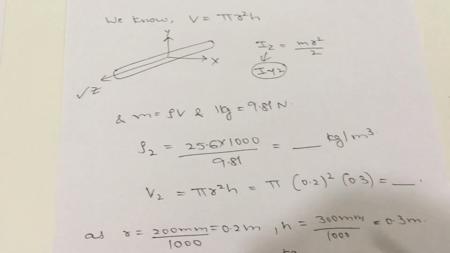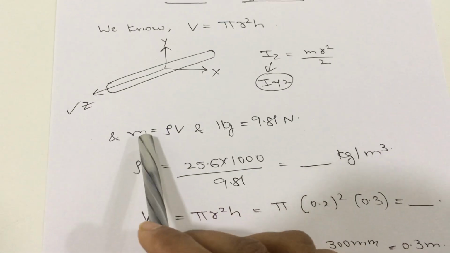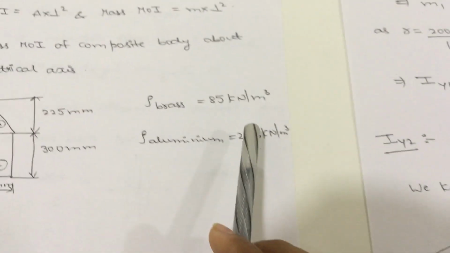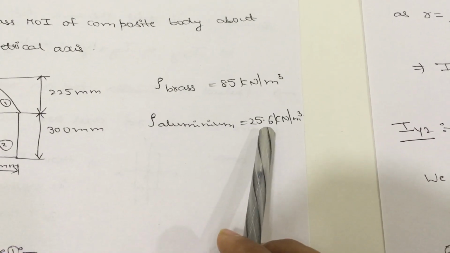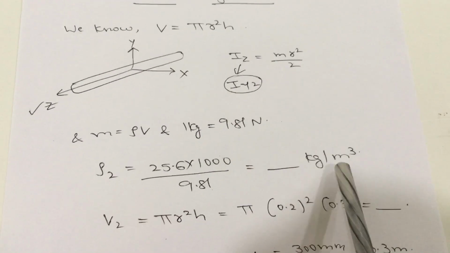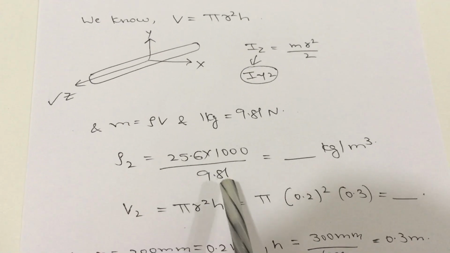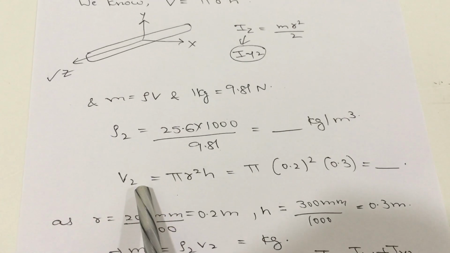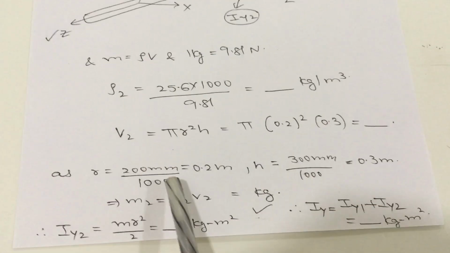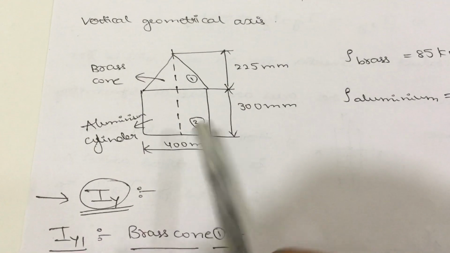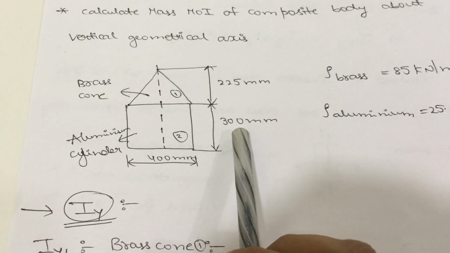Next, we do the same procedure for the second section also. We know that mass is equal to density into volume, and density is given in terms of kilonewton per meter cube, that is 25.6 which is given in the question. So convert the 25.6 into kg per meter cube, into 1000 by 9.81. You will get it in terms of kg per meter cube. Next, the volume formula for the cylinder is pi r square h. Again, values are given in terms of mm only. Here, for the cylinder, diameter is given as 400 mm and height value is given as 300 mm.